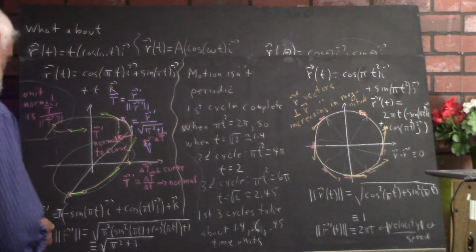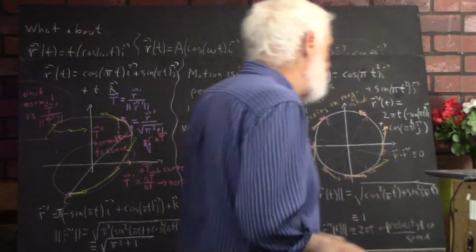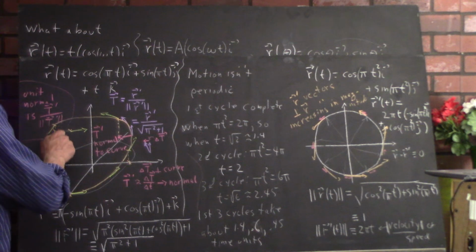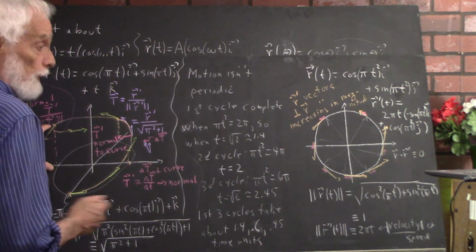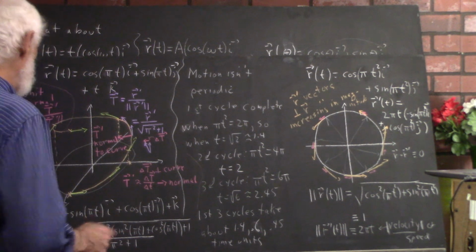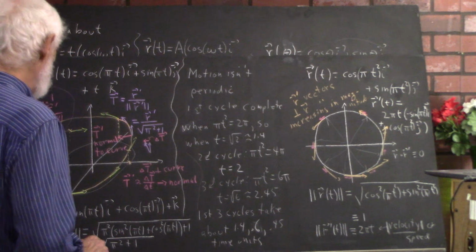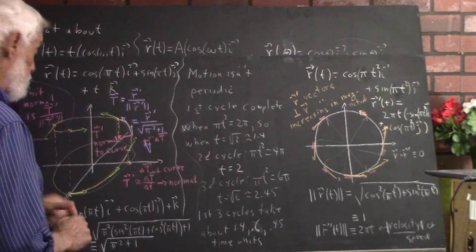Okay, at t equals 3/2, you're above this point, and the distance is 3/2 of a unit. When t equals 2, you're above this point, 2 units.